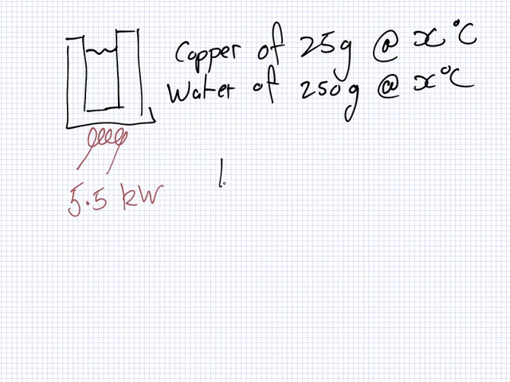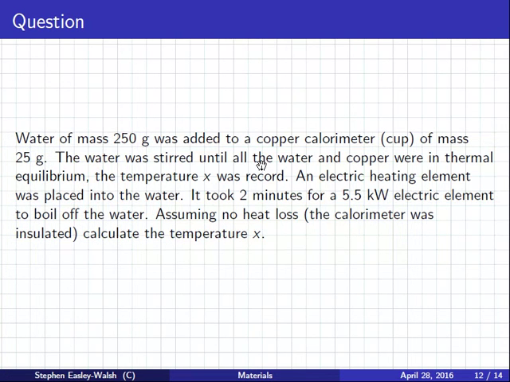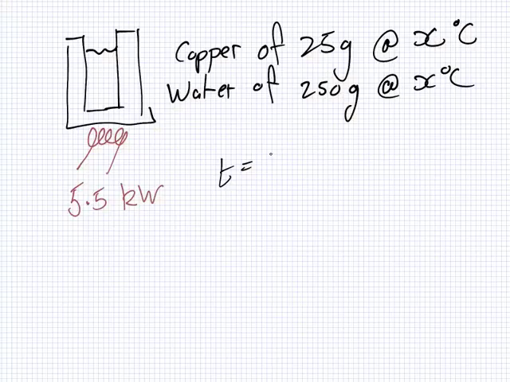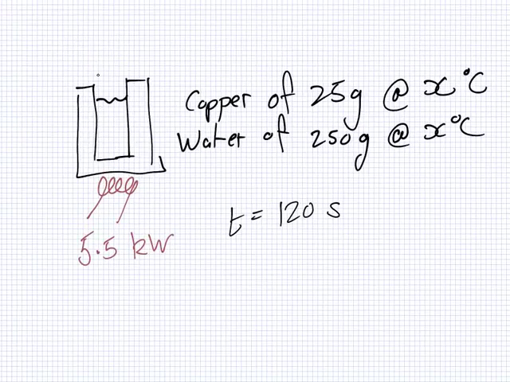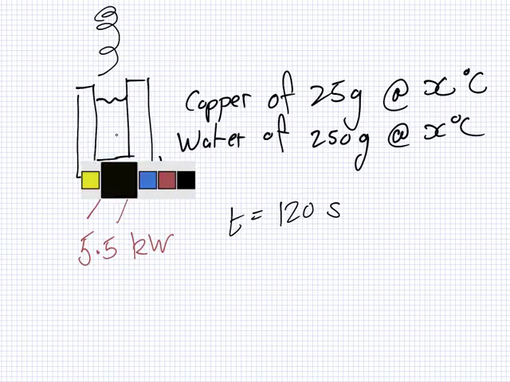And then after 2 minutes, after 120 seconds, all of this water has turned into steam and there's no water left inside of it. So my question is, what's X? So this one's a bit hard. Let's try and do this one together.